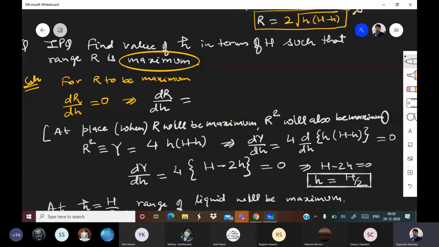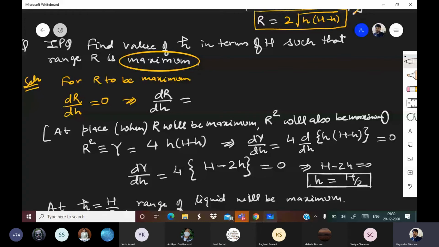So this question was based on that: what can be the maximum value of R, provided you are allowed to take any value of small h. But that value obviously can be somewhere between 0 to capital H. Why am I saying so? Because the water in the tank is between 0 to H. So if you are putting a hole, that hole should be somewhere between 0 to H. Otherwise, the hole will be out of liquid and there will be no range.